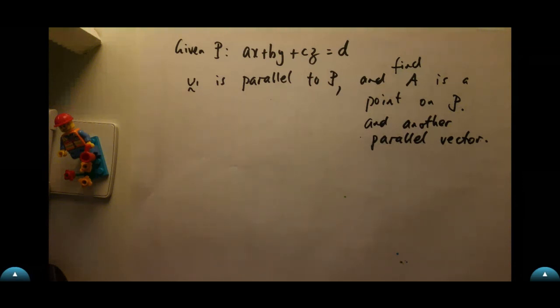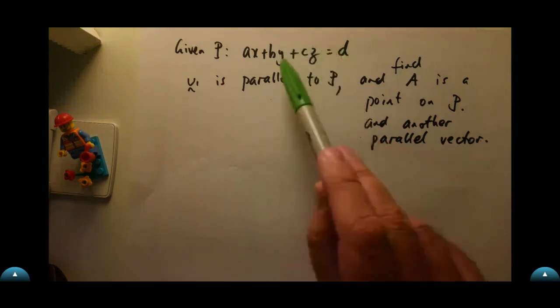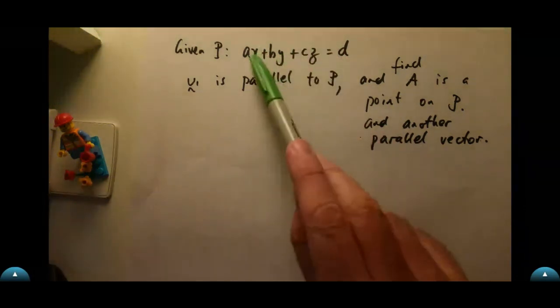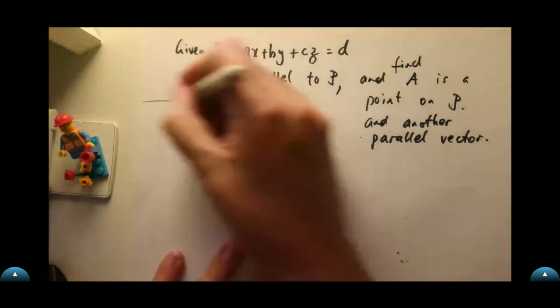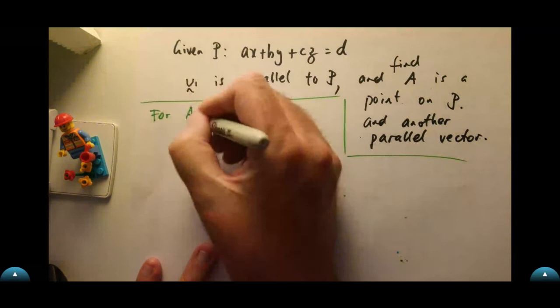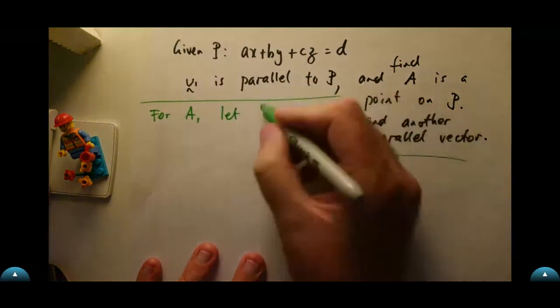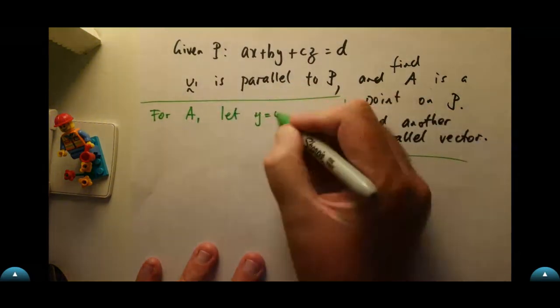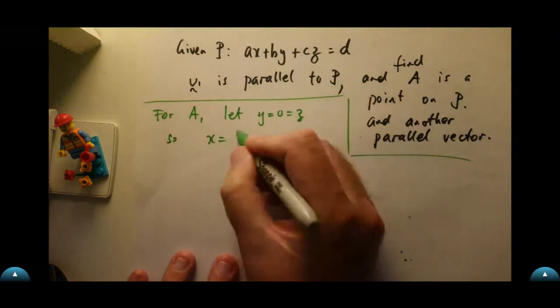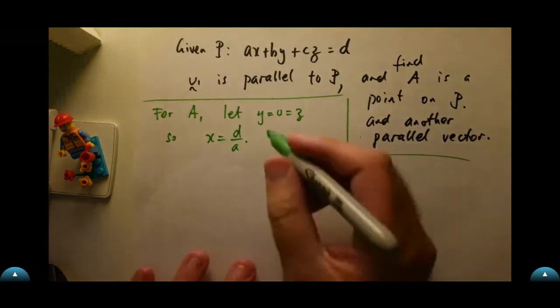Okay. So what you can do is, and Rudan is right on point here, let y equal 0, let z equal 0, and find the value for x. So for A, let y equal 0 and z equal 0. So x is going to be d over a.